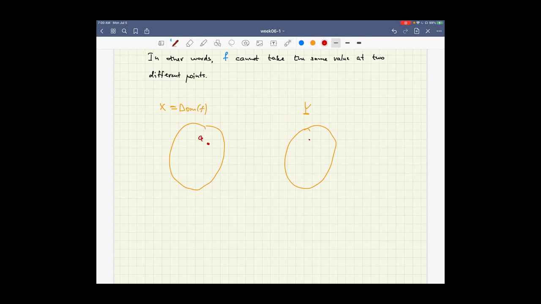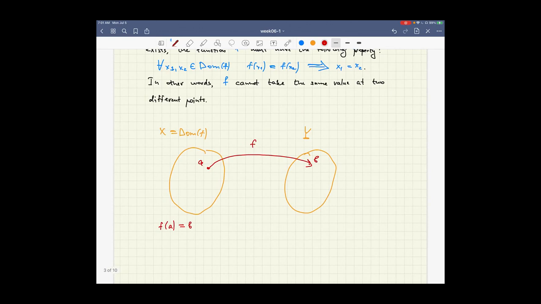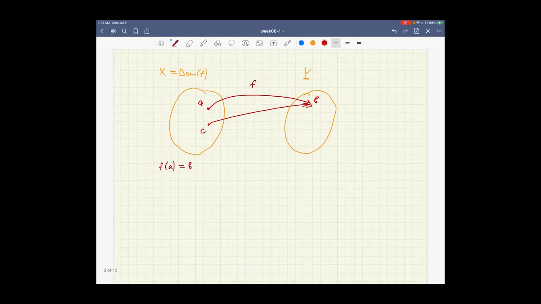Let's say this is A, let's say this is B, and f maps A to B, which means f at A equals B. If our function did not have that property, we would have potentially another point C, which f maps to B, with A not being the same as C.